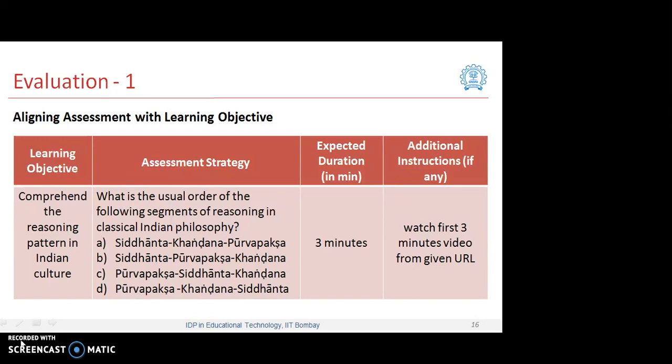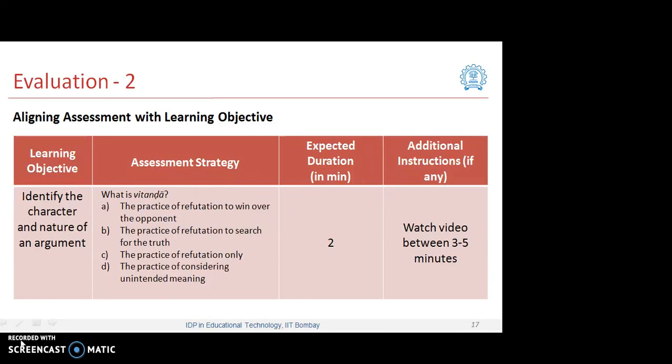If you have not been able to make it correct, try to understand in this way. Let us see the second question. What is Vitanda? So just now I discussed what is Vitanda. Vitanda is meant for the mere refutation of the other. It is not having any other purpose but just to demolish the other's position. So consider all these options.